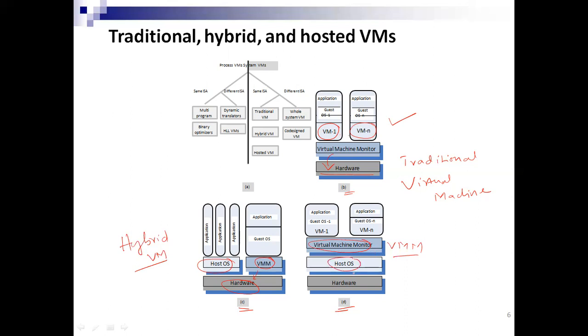Again, we have multiple virtual machines, 1 to n. So this is all about traditional, hybrid and hosted virtual machines. Hope you understood this. Move on to the next concept.